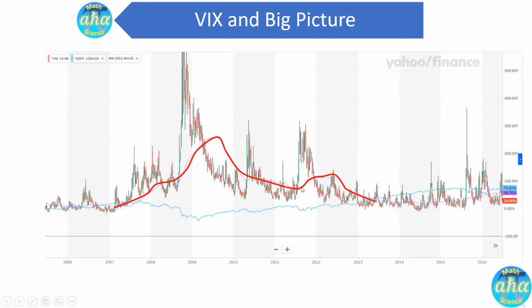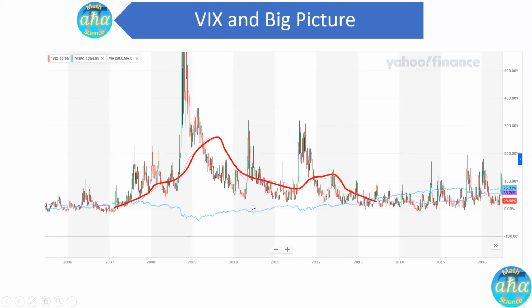Investors did not feel at ease even after the great financial crisis had passed. You can see the subsequent volatility leads to another secondary peak, which happened in 2011 and 2012. So again, some kind of double peak structure usually happens on a time frame of 3 to 4 years, which is really adjacent.